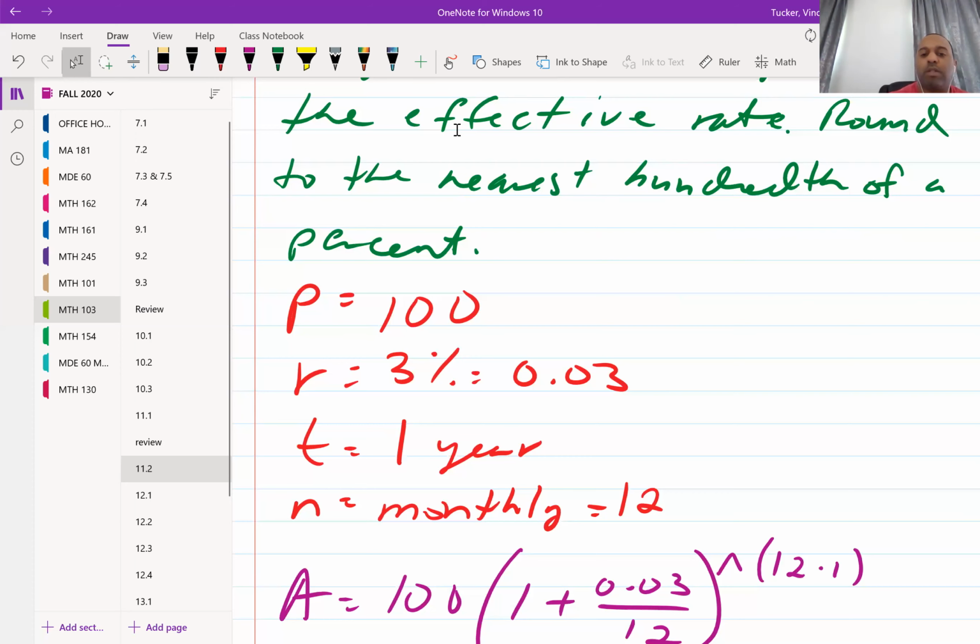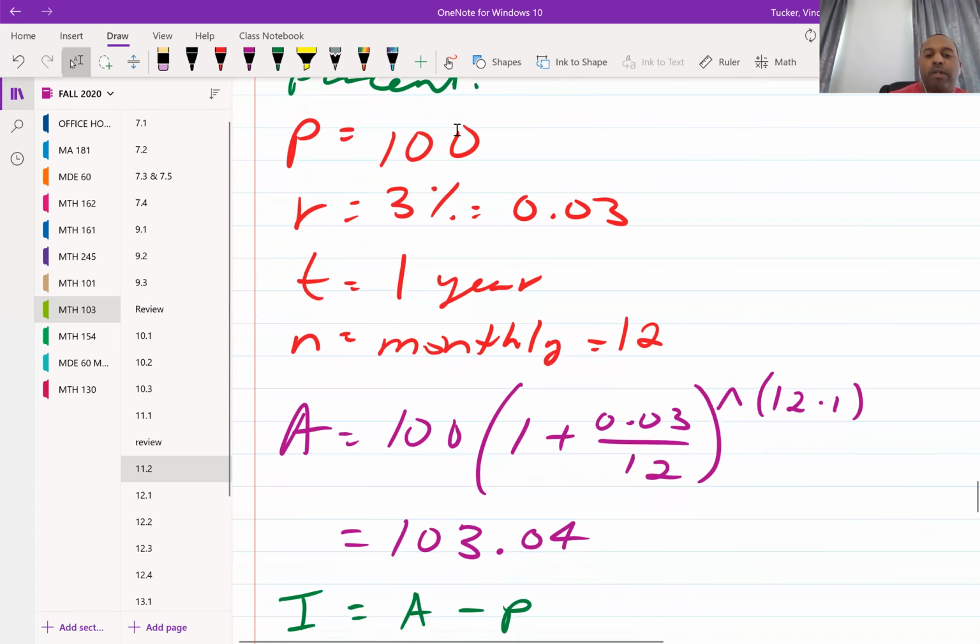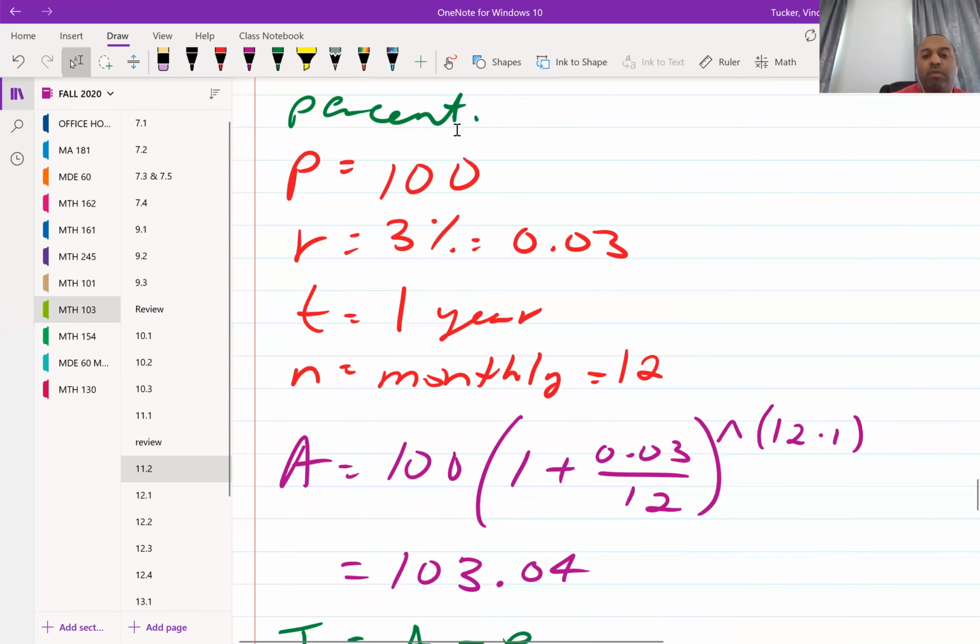All right. So throw it into the calculator. That's the future value, if you were to deposit $100.